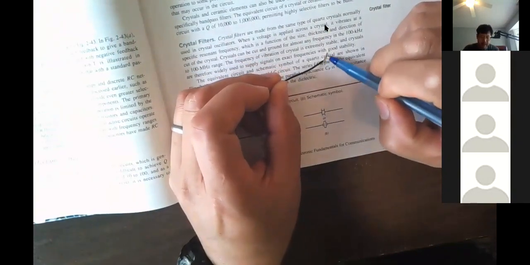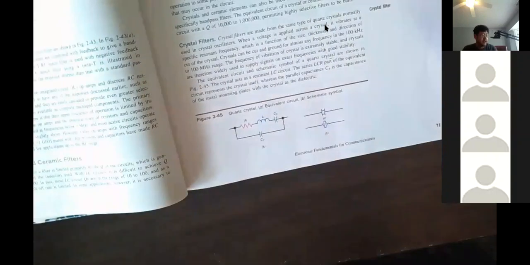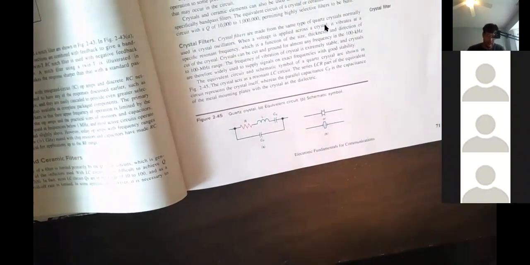If it's lower frequency, it means bigger size. A 2 megahertz crystal is bigger than a 20 megahertz one, so 20 megahertz is the perfect size. A lot of computers use a 20 megahertz crystal.